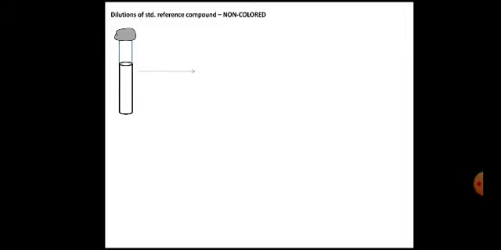Once the non-colored compounds are converted to colored compounds, it is very easy to perform the spectrophotometric assay as was shown in the previous slide. So non-colored compound, addition of reagent, it will generate a color, and now you can perform the assay.